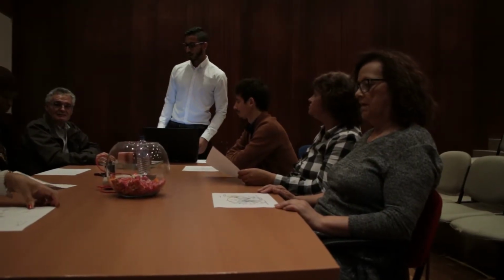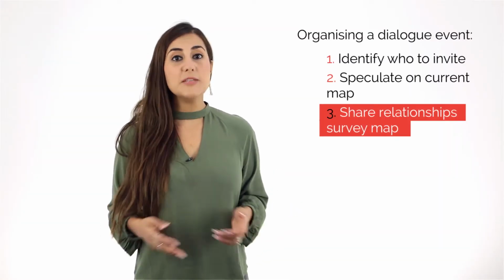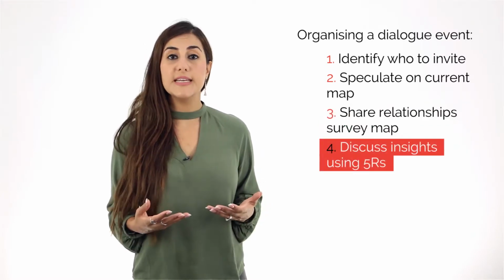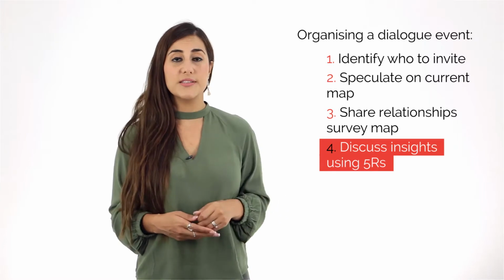With the real map in front of them, ask them to revisit the conversation about the current system. But how? Well, invite participants to develop insights about how the system is organized using the 5 R's: results, roles, relationships, rules, and resources.